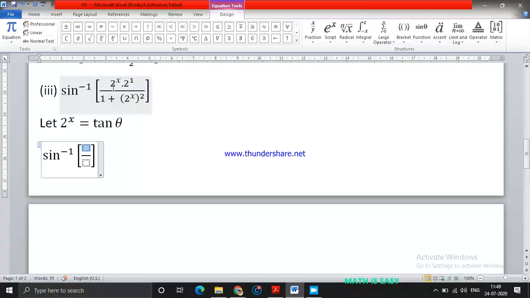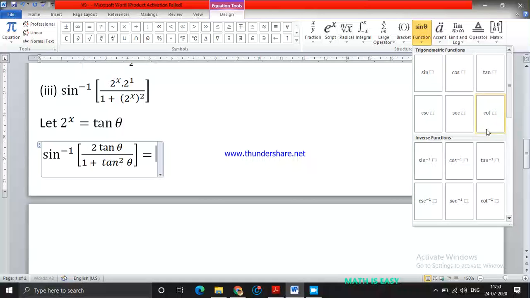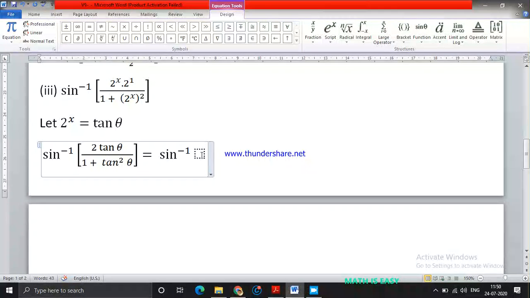The numerator is going to be 2 tan theta upon 1 plus tan theta whole square, that is tan square theta. 2 tan theta upon 1 plus tan square theta, do you remember, is the formula of sine 2 theta. So we get sine inverse of sine 2 theta.